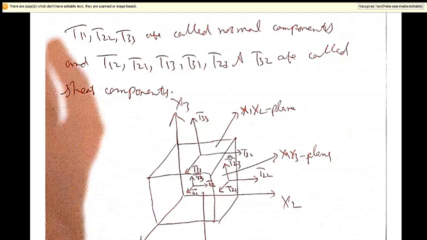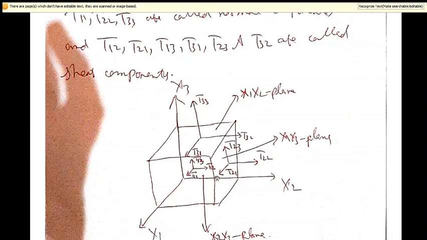T32 will be in the direction of x2, and T31 will be in the direction of x1. Now if you talk about T22, it is in the direction of x2, and T23 is in the direction of x3, and T21 is in the direction of x1.